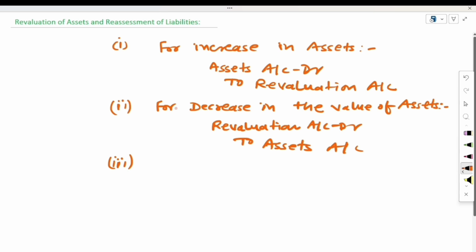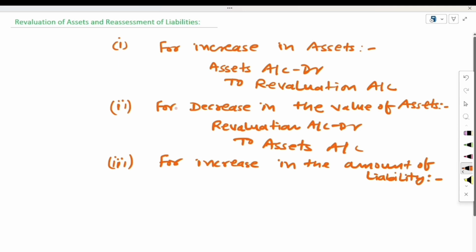In the third situation, if there is an increase in the amount of liability, what entry will we pass here?